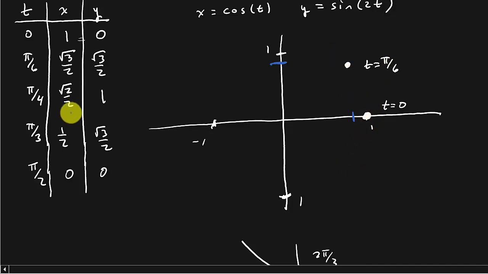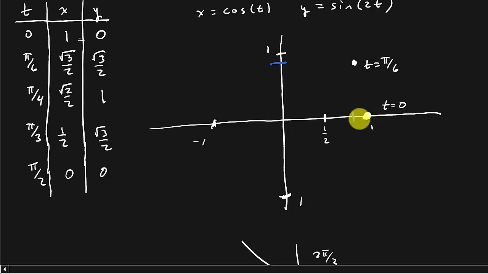And then I've got square root of 2, 1. Okay, well, let's see. Let's put in a half. There's a half right there. And let me move this point over a little bit. I didn't have it lined up real good, but about right there. And so square root of 2, this is 1/2.